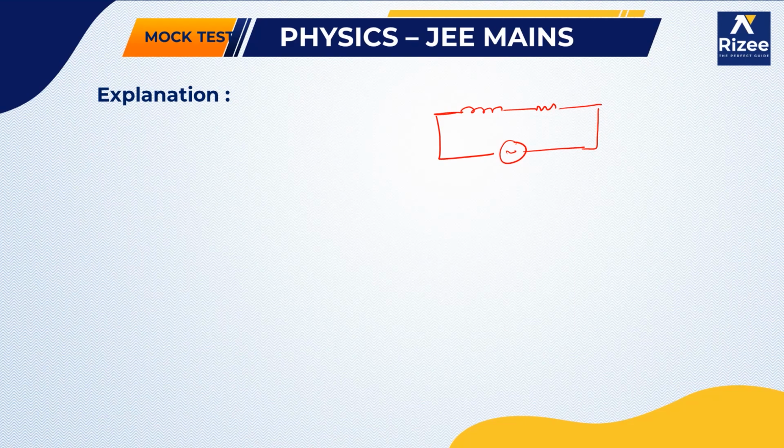Then for the potential drop conditions, V is equal to the root of the potential drop across L squared plus the potential drop across R squared. You can obtain this by the relation that the potential drop across the inductor leads by 90 degrees. If this is VR and this is VL, they are perpendicular to each other. Now the potential across the supply V0 is 100 volts.